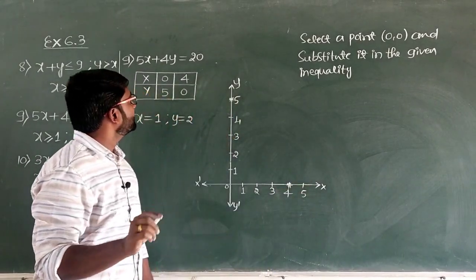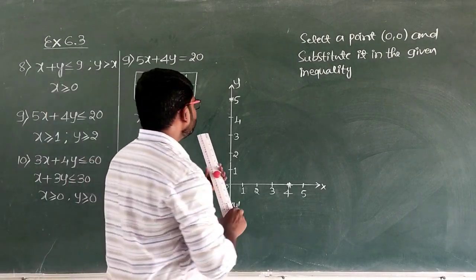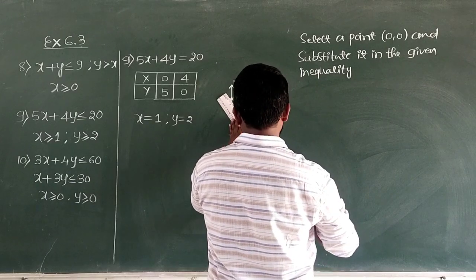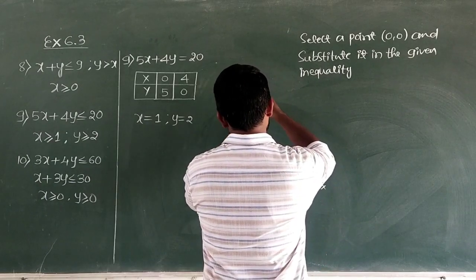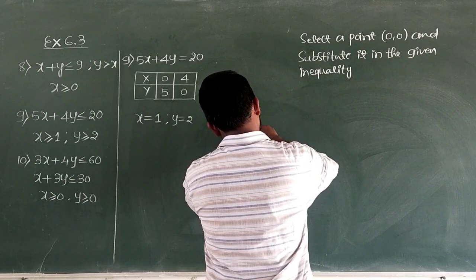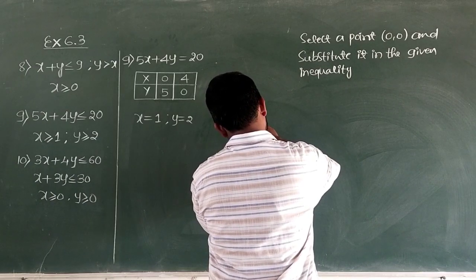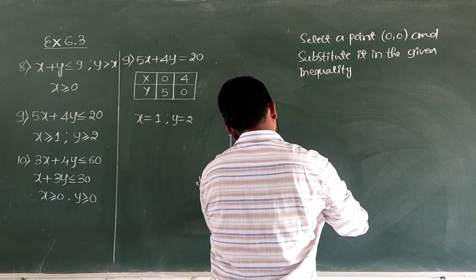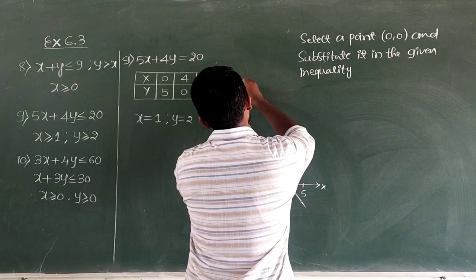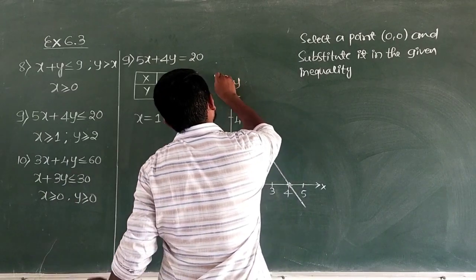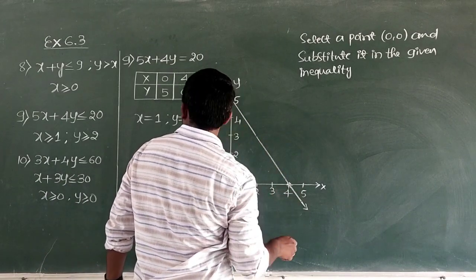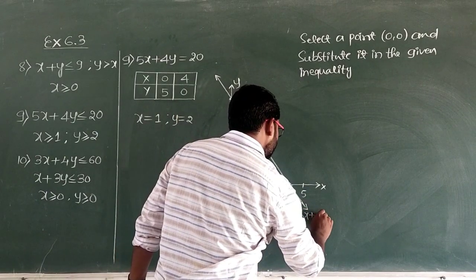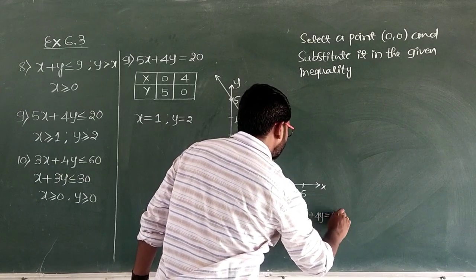Join these two with the help of a dark line. Put the arrow mark on both sides. Write the equation here: 5x plus 4y equals 20.